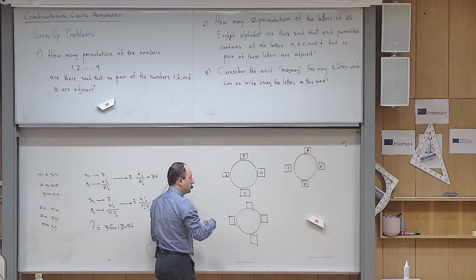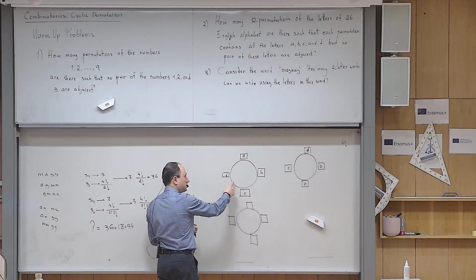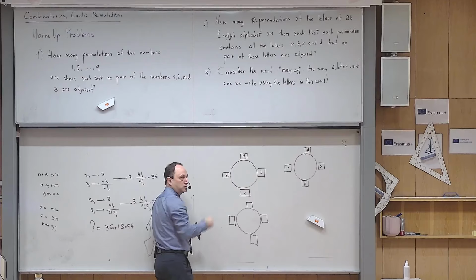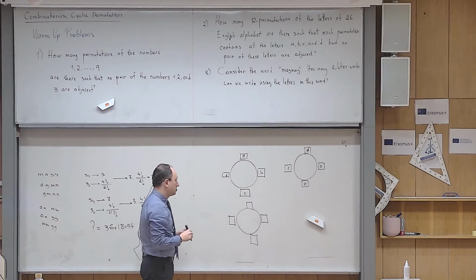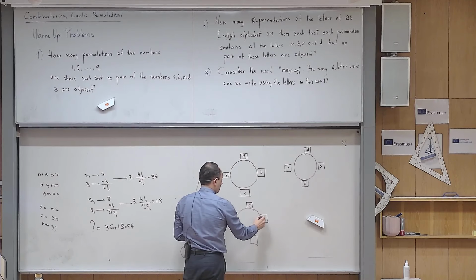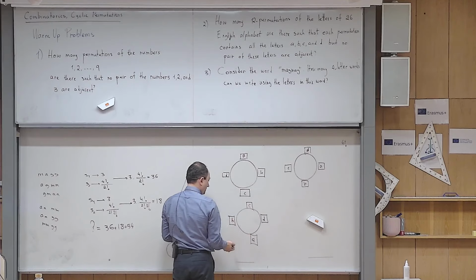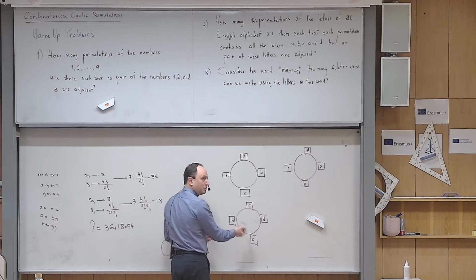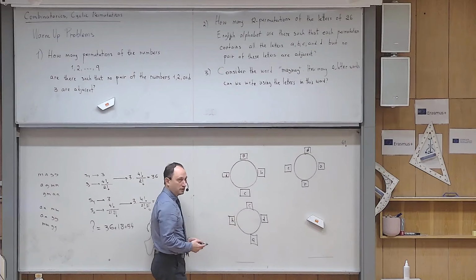Can you tell me another arrangement which is the same, but it is not as before? Yes? C on the top, D to the right, A to the bottom, and then B. Yes, that's correct, because none of the neighbors has changed, yes?